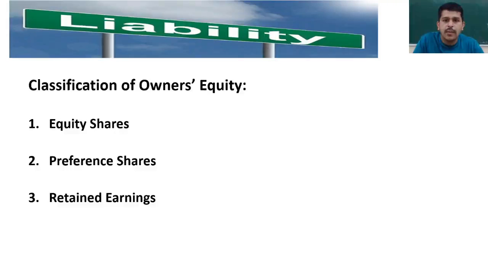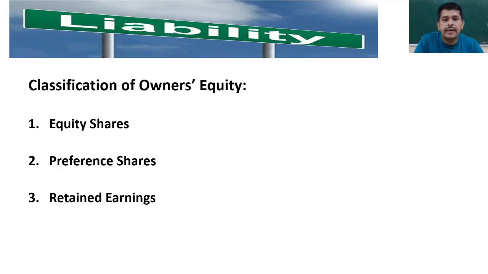Preference shares are the shares which are given preference in repayment of the amount and payment of the dividend over the equity shareholders. They are not entitled to voting rights in the normal case.